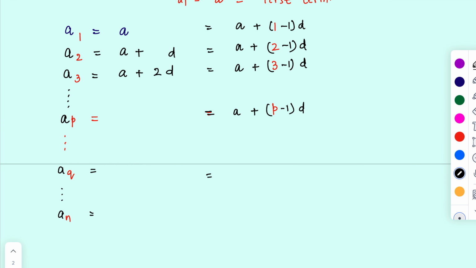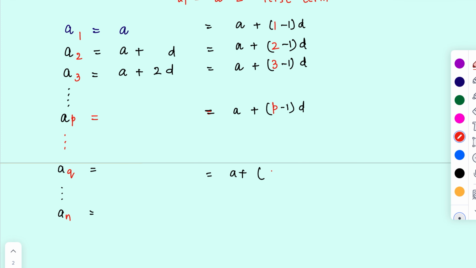Similarly, qth term we can write it as a plus q minus 1 into d. And nth term we can write it as a plus n minus 1 into d.